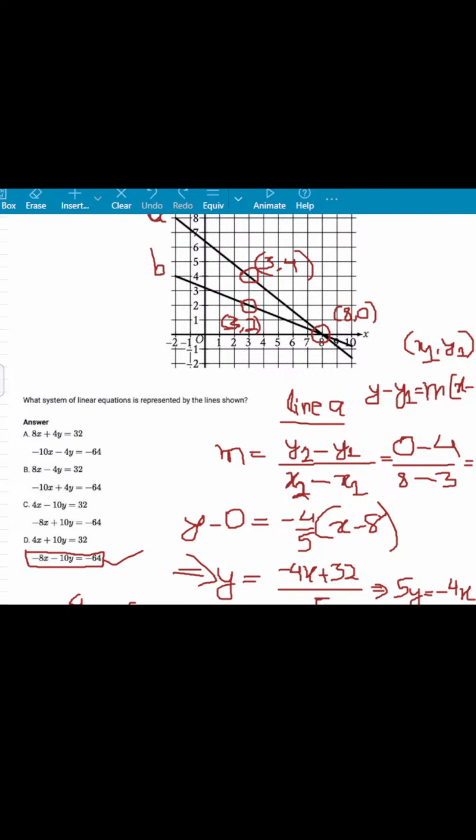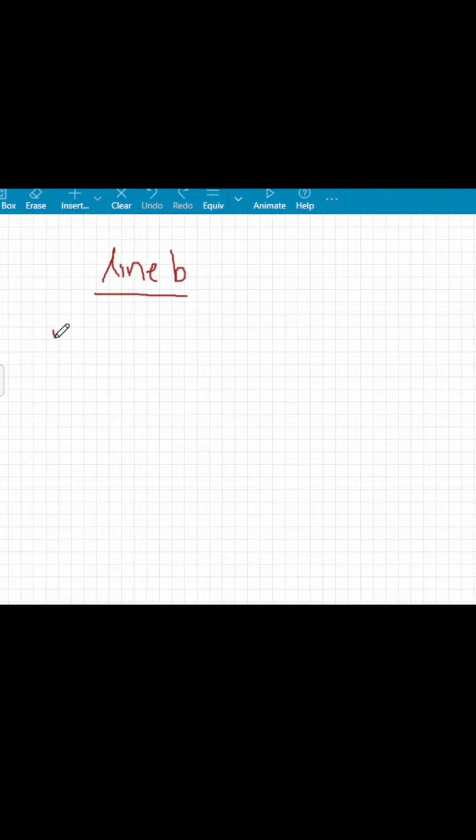So again we do the same method. We'll find the slope and then we'll use this form. So here slope will be y2 minus y1 by x2 minus x1.